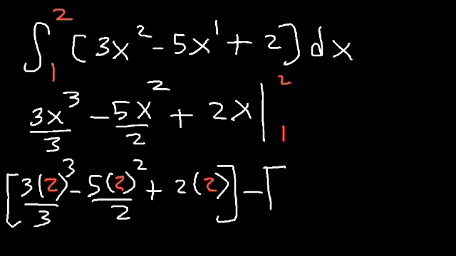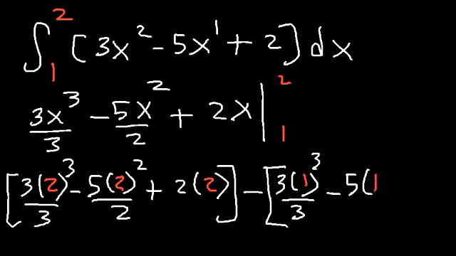And then minus. Now let's replace x with 1. So it's 3 times 1 to the third divided by 3 minus 5 times 1 squared divided by 2 plus 2 times 1.